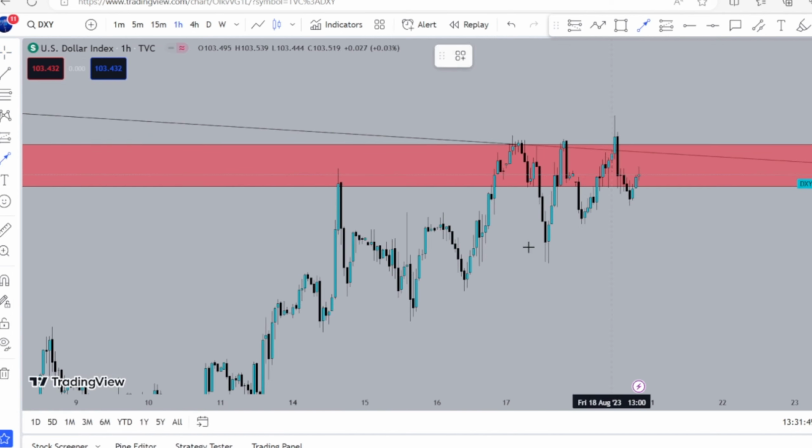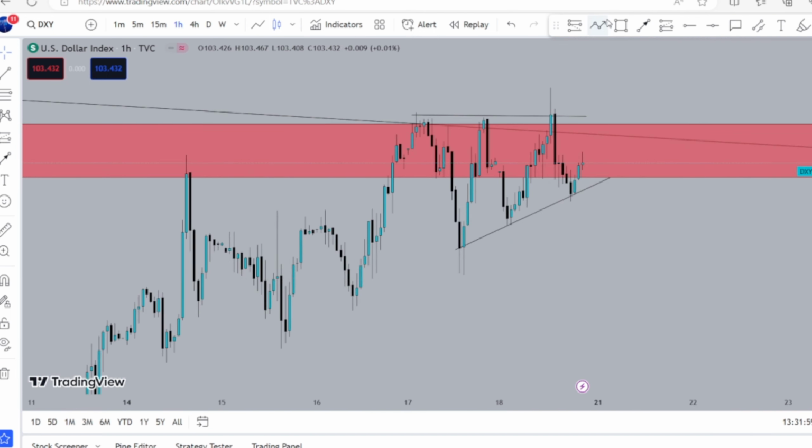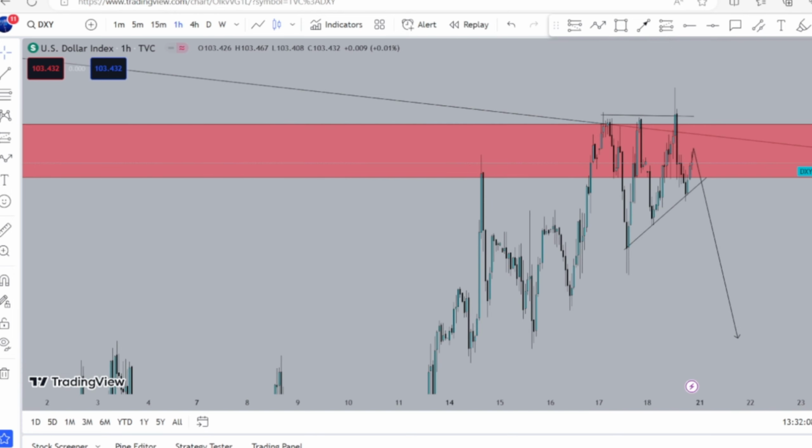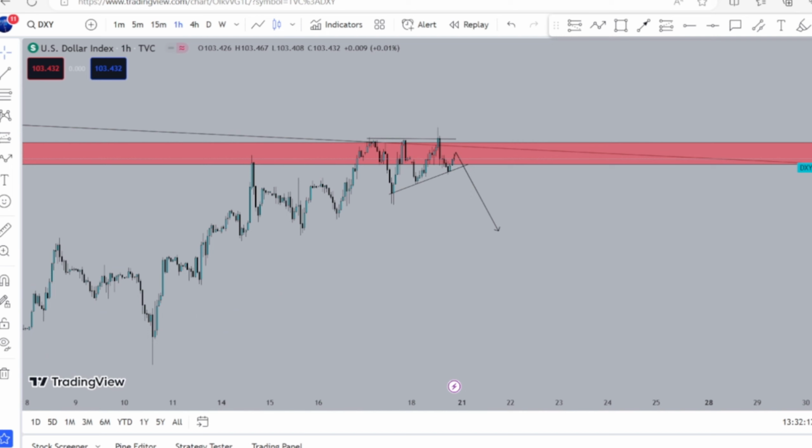Right here, this is a rising wedge. So what I'm expecting price to do is to go up a little more, or else it could go down from here. So on the DXY, the US dollar index, I'm seeing sells, right? Okay, I'm done with the dollar index.